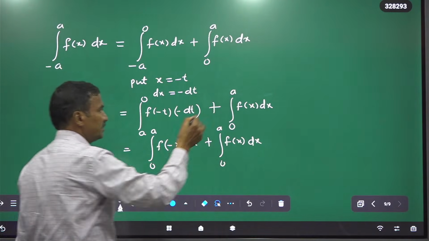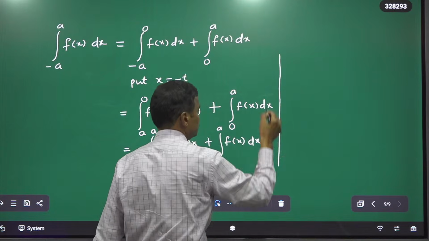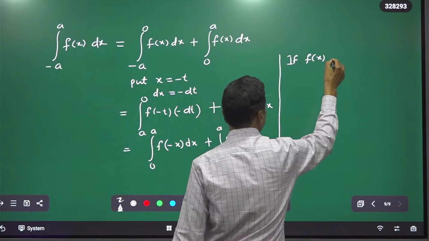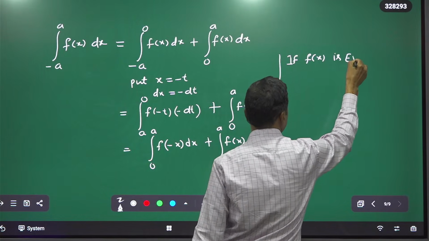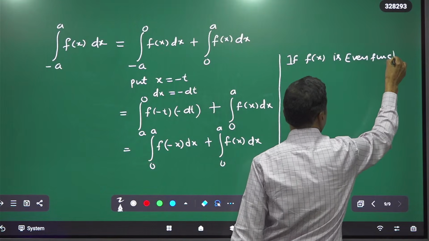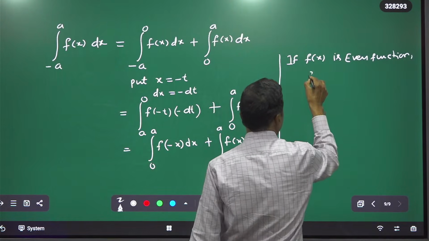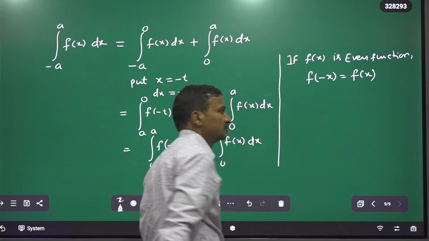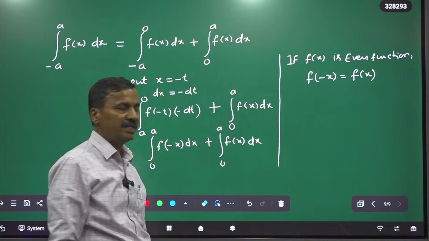So, here if f of x is an even function, then f of minus x is equal to how much? f of x, by the definition of an even function.